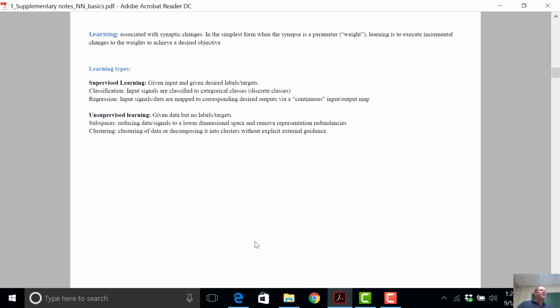In engineering, computer science, physics, what have you, the goal is to determine the parameter that will give you the best performance on the training data, but also on the so-called validation or testing data.